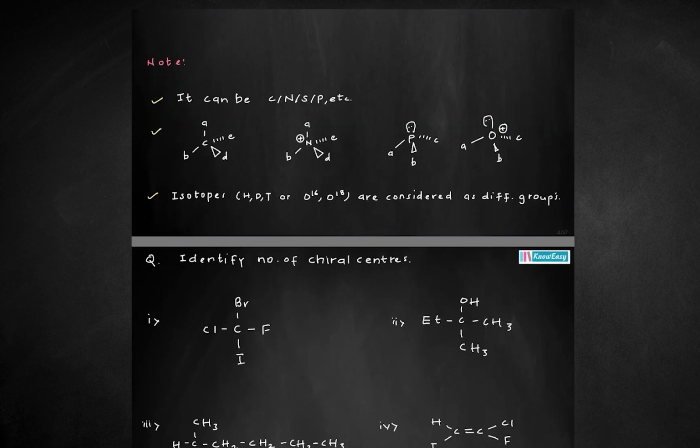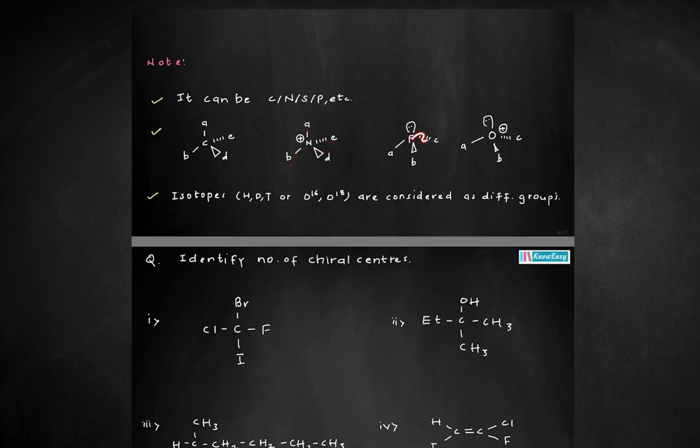As we have just discussed, a chiral center can be carbon, nitrogen, sulfur, phosphorus, or oxygen. If it is carbon, there must be A, B, C, D, that means different groups are attached to it. If it is nitrogen, it should have 4 bonds: 1, 2, 3, and 4.